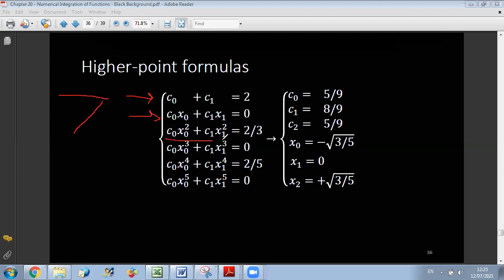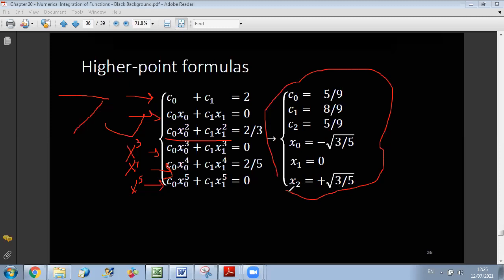The third, for a quadratic function. And for the integral of x cubed, you should have the exact result. The additional 2 equations are that the integral of x to the power 4 should give this result, and x to the power 5 should give the following equation. So now I will end up with 6 equations with 6 unknowns, and if I solve this system, I will get the following result.